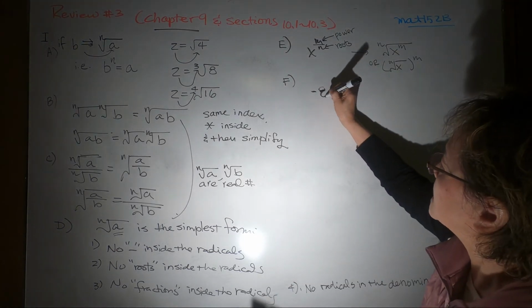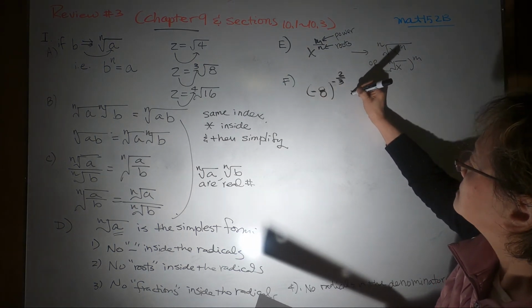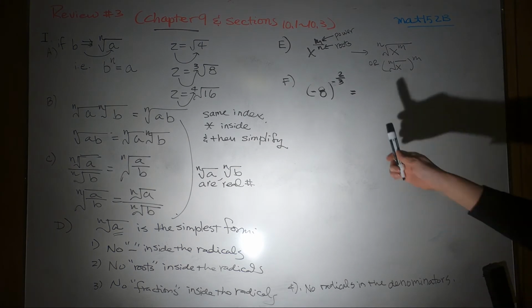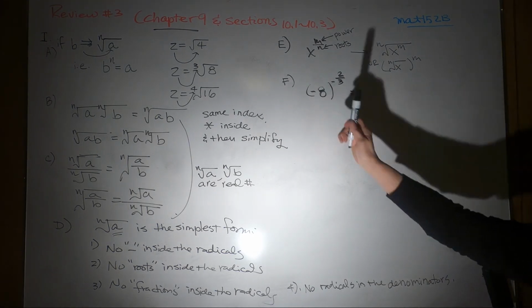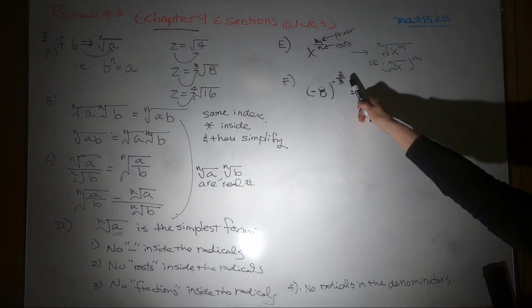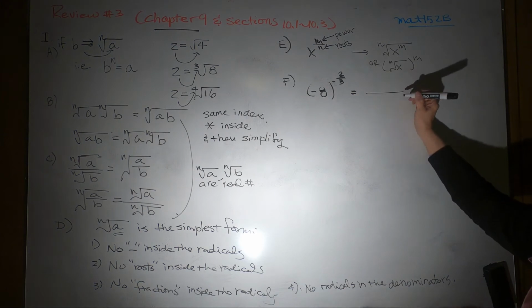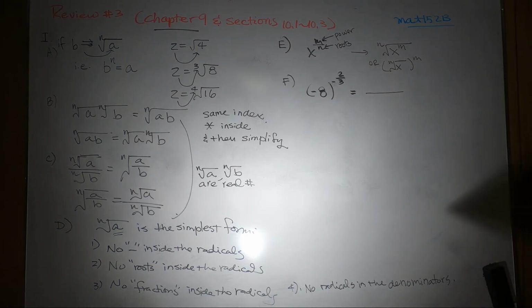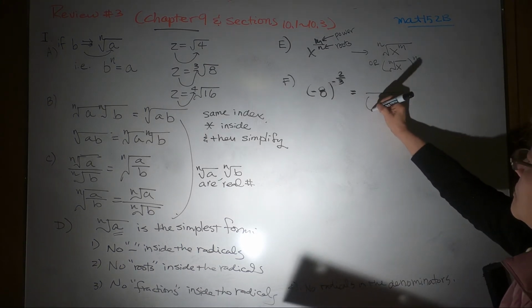So if you have -8 to the -2/3, this -8 means real -8, 8 with a negative number. But for the power, negative doesn't mean negative. It means what? Reciprocal, right?